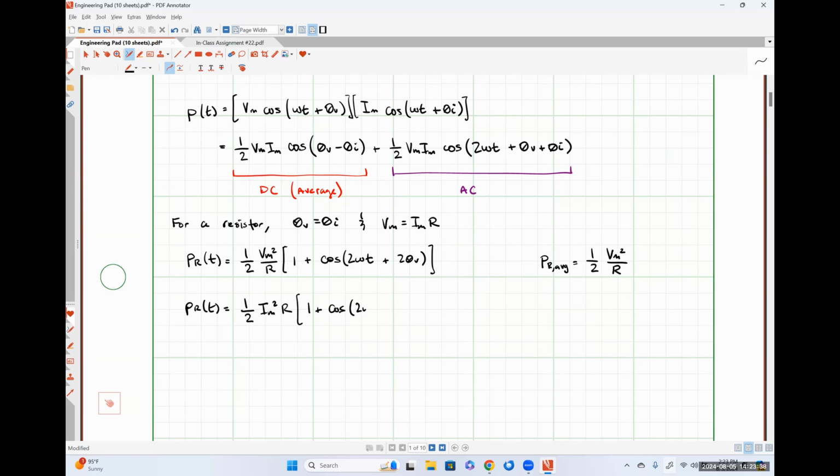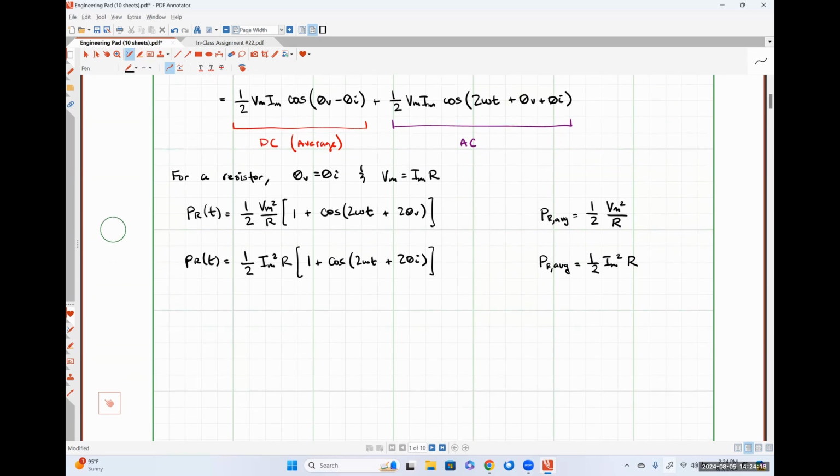So cosine twice omega t. And now I can say that theta_V plus theta_I looks like twice theta_I. And our average power relationship is then 1/2 I_m squared times R. So using these two relationships allows me to solve for my power without having to know both the voltage and the current. I can just know one or the other.